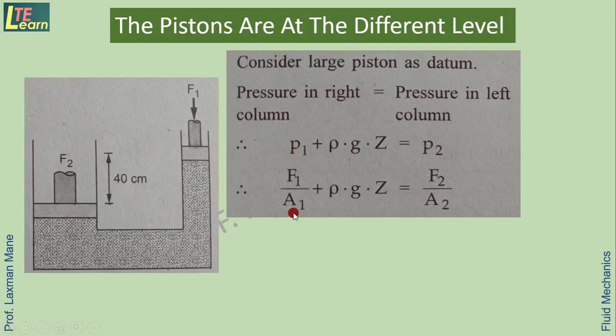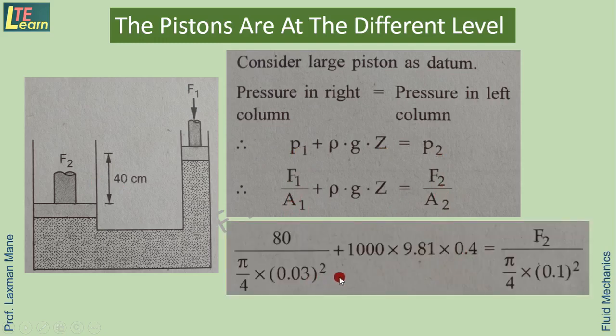Further, P1 is the ratio of F1 upon A1 and P2 is the ratio of F2 to A2. So putting the values, F1, the force on the smaller piston, 80 Newton divided by pi by 4 into the diameter in meter, 3 centimeter is given but we have to take it in meter, plus the value of rho.